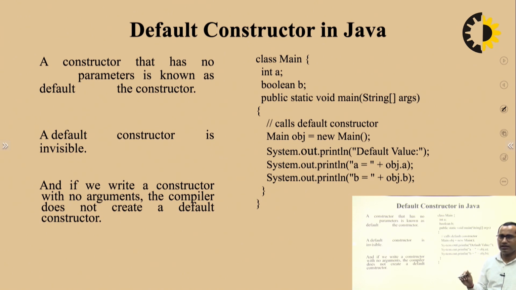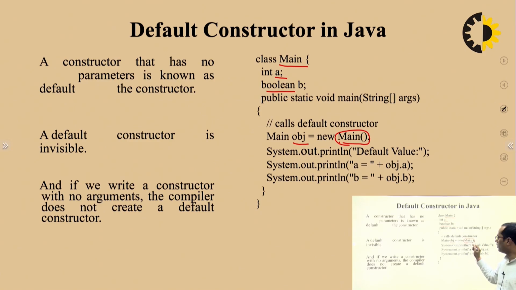As we can see here, this is a class named Main, having two variables, one of type integer and another of type boolean. I have created an object of this class type, creating a reference and calling a method that is the same as the class name.